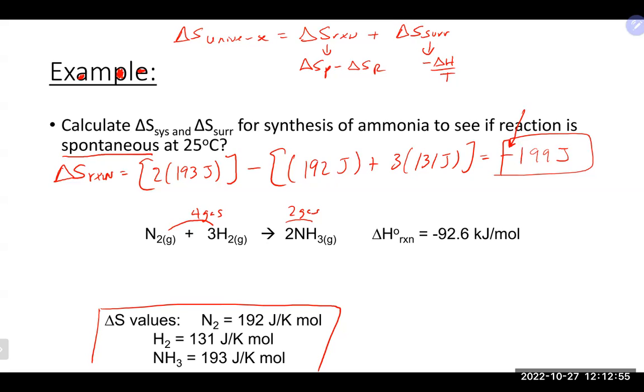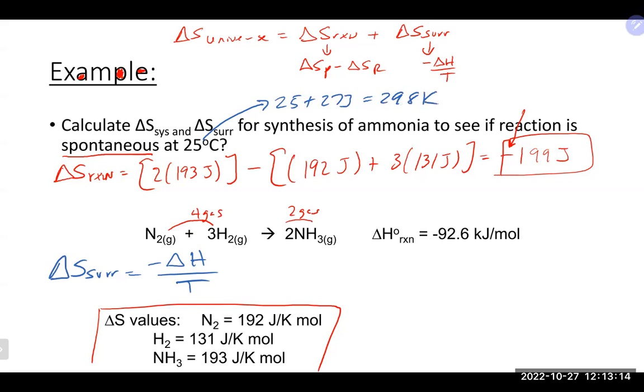Okay, so now that we have the system, let's do the surroundings. So our delta S of the surroundings would be our minus delta H divided by T. So once again, here we do need to convert our temperature into Kelvin. So that's a 25 and a 273, going to give us 298 Kelvin.